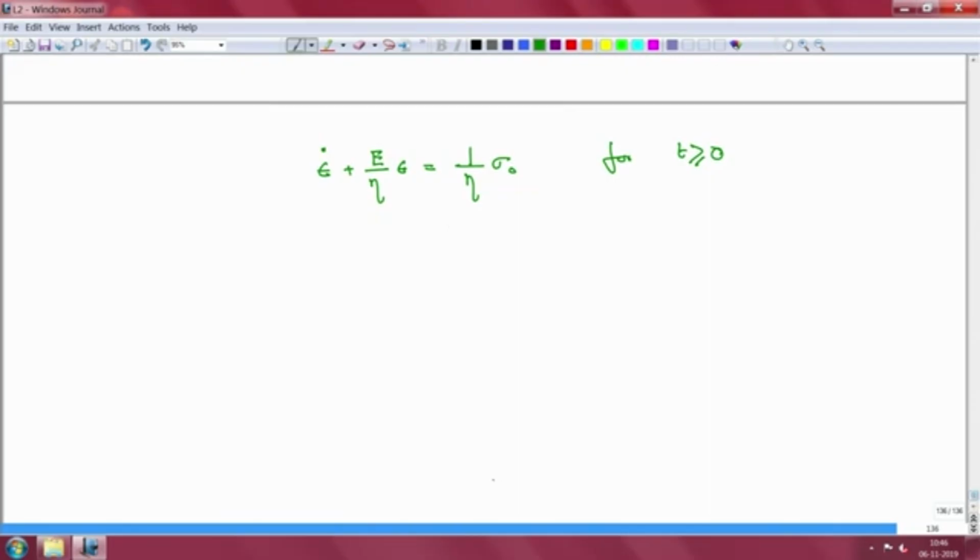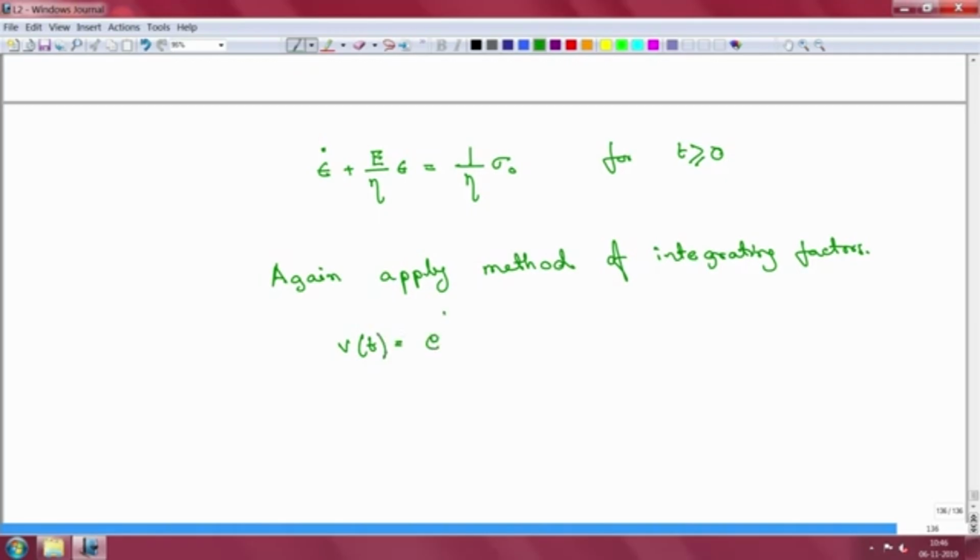So again we have to apply the method of integrating factors. Your integrating factor in this case, once again, ends up as the same quantity, e to the power t by lambda.